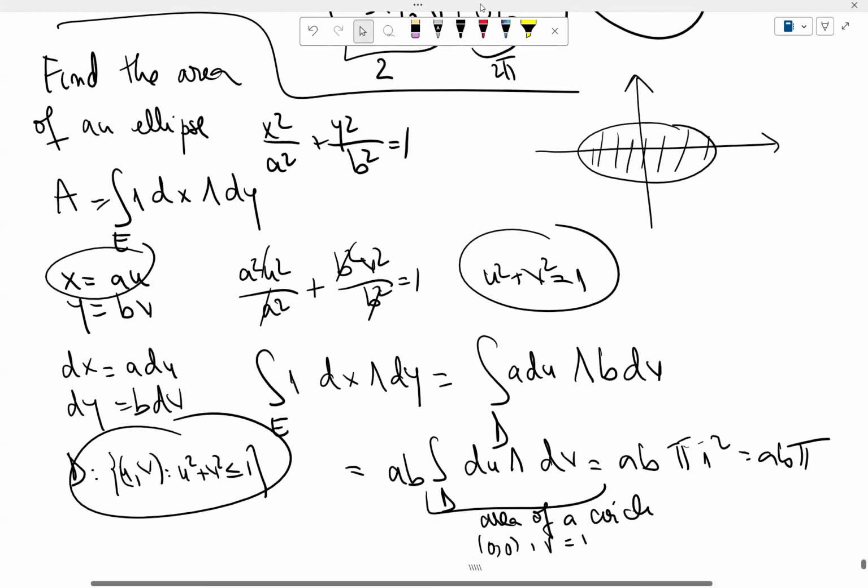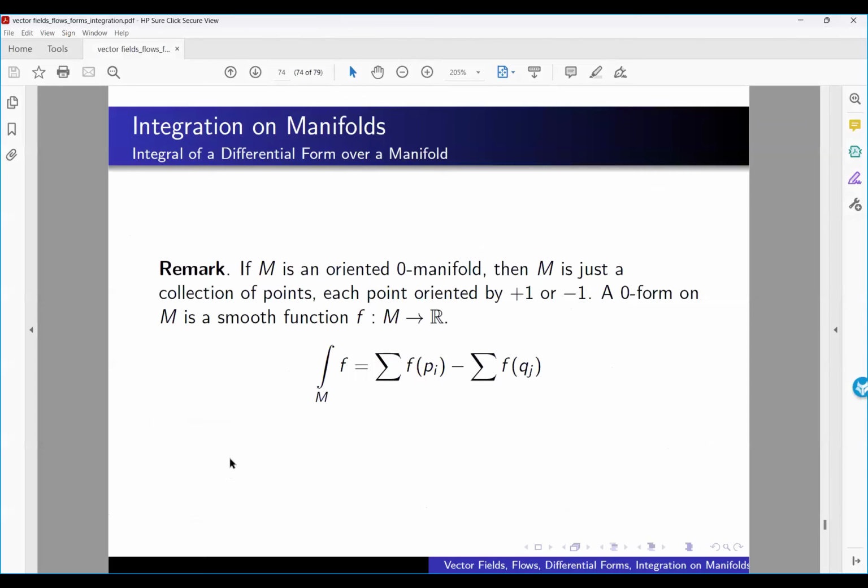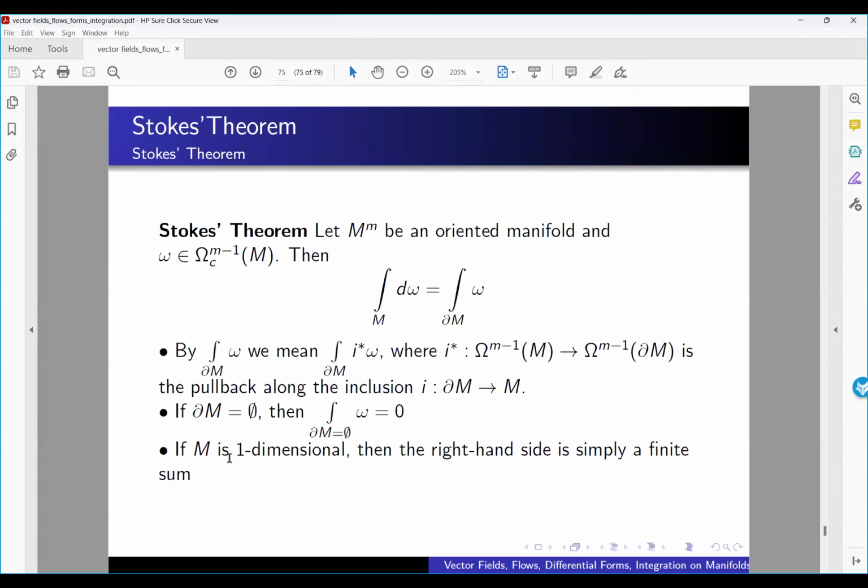Very well. Finally, let's move on to the famous Stokes theorem. Remember that on an n-dimensional manifold, we can integrate n-forms.